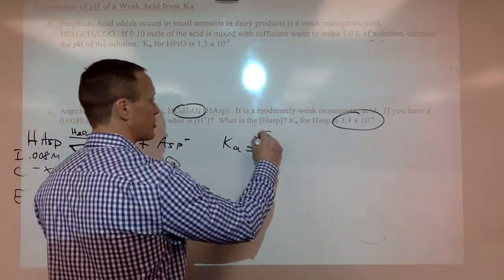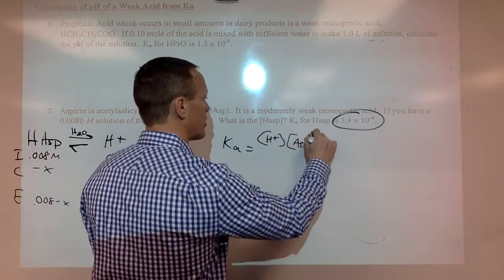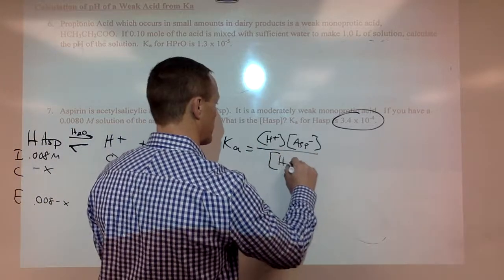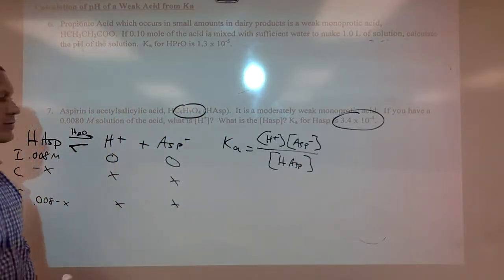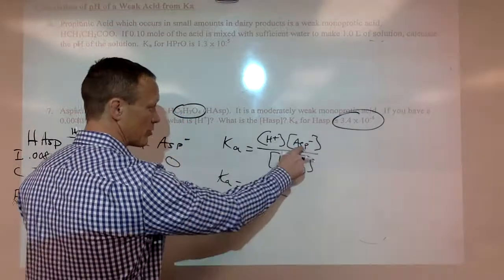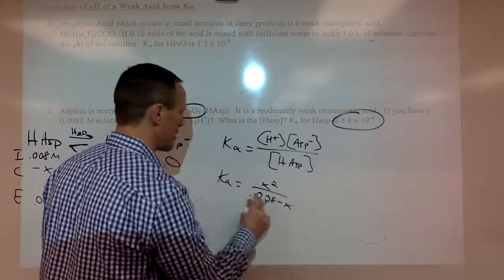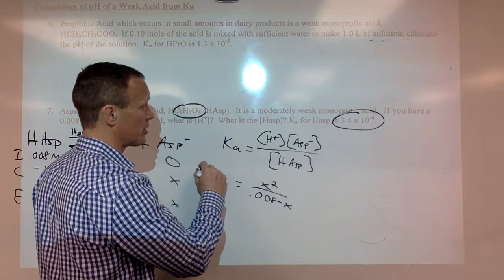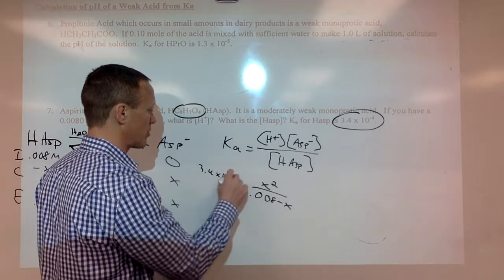K equals the concentration of H plus times the concentration of our conjugate base all over the concentration of our original acid. Same thing. We're going to have X squared, which would be those two X's, over 0.008 minus X. And we can plug in our K value, which is 3.4 times 10 to the negative 4.